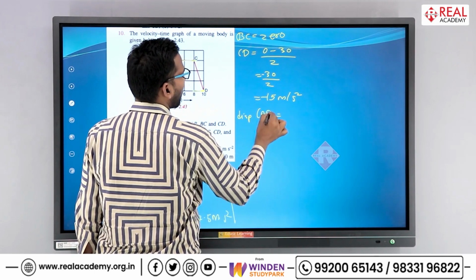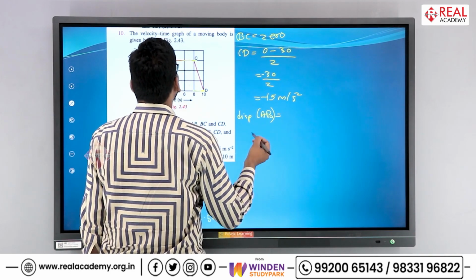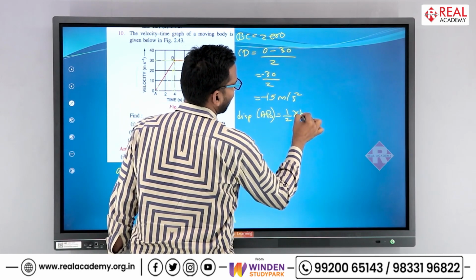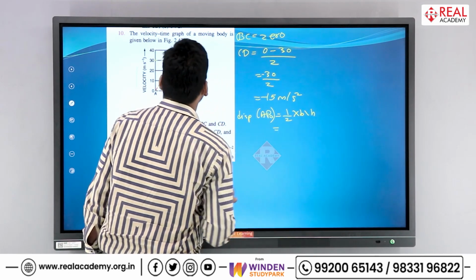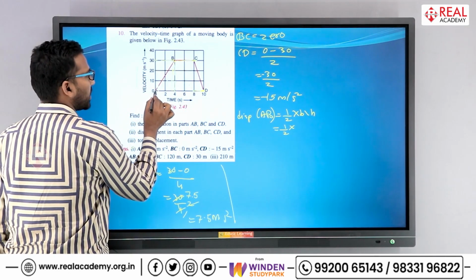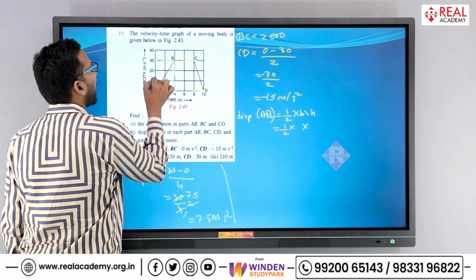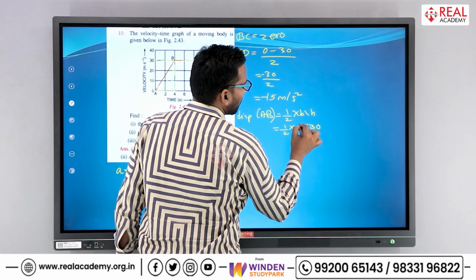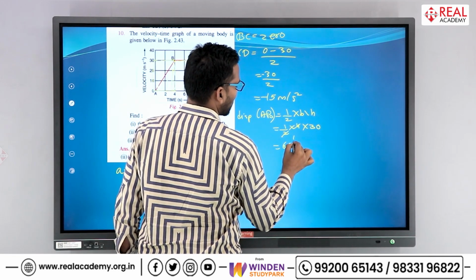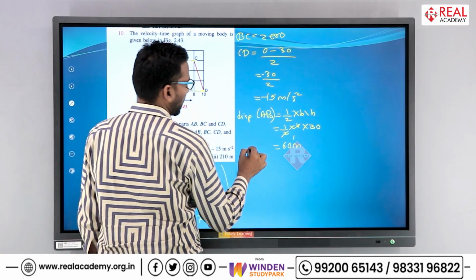It is in the form of a triangle, that is half into base into height. Half into base, the base is 0 to 4, 4, into height, the height is 30. 4 into 30, half of that, so the answer is 60 meter. Answer for AB is 60 meters.